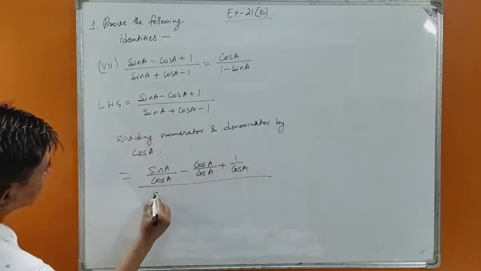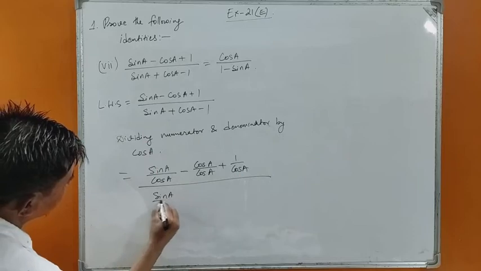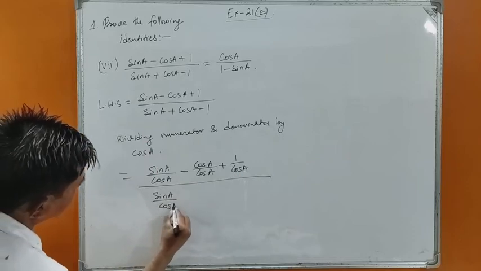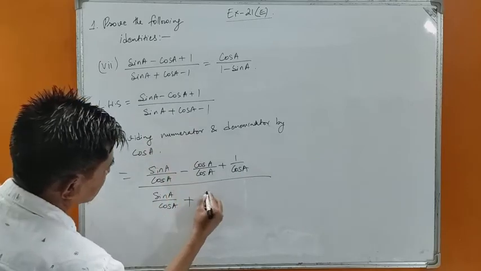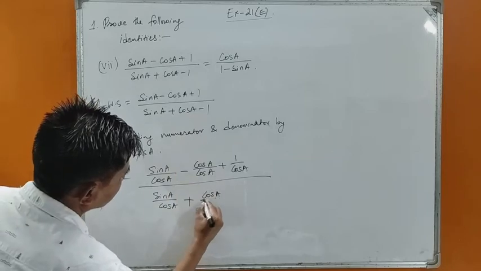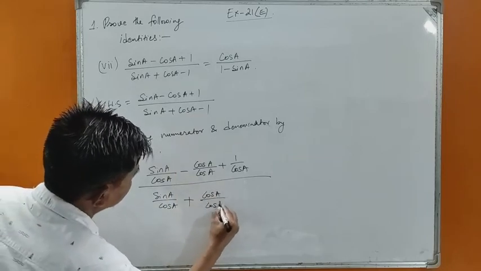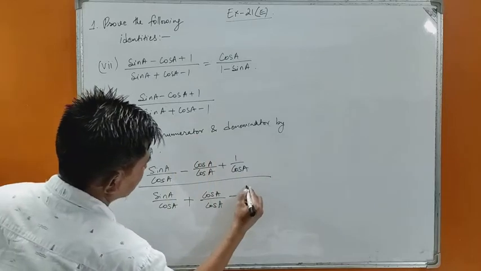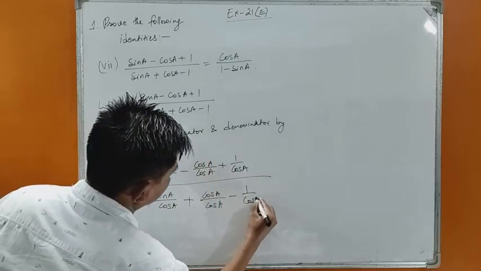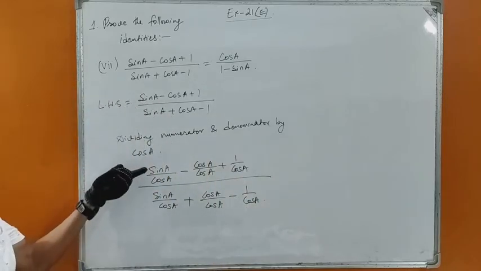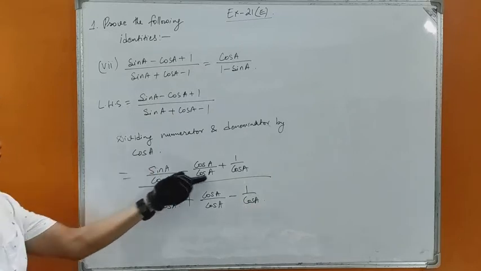Here we have sin A by cos A plus cos A by cos A minus 1 by cos A. I am just dividing the numerator and the denominator by cos A.